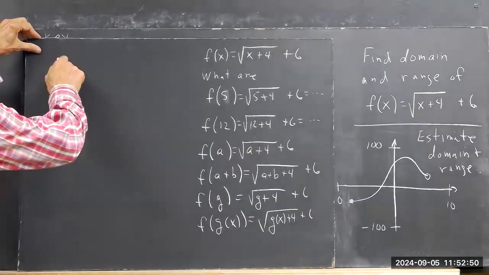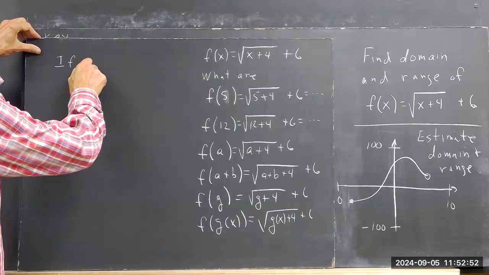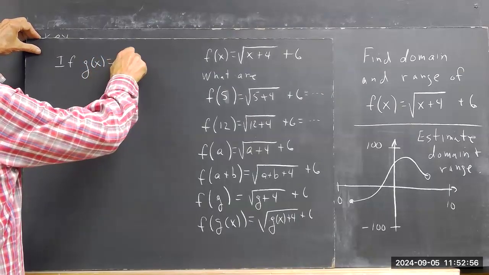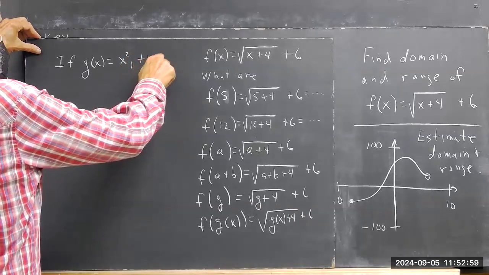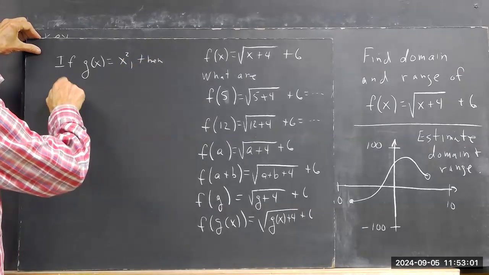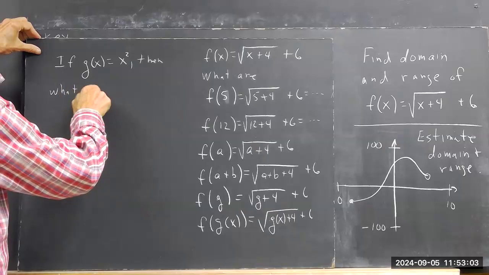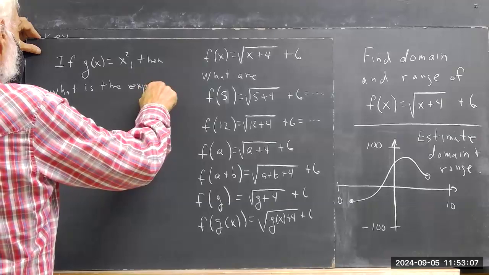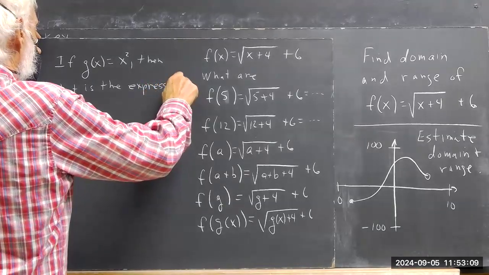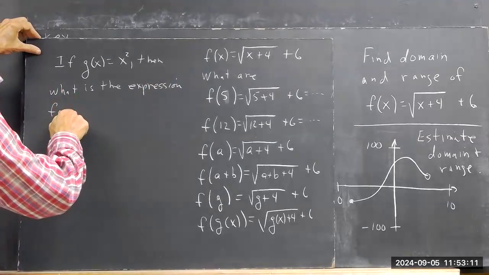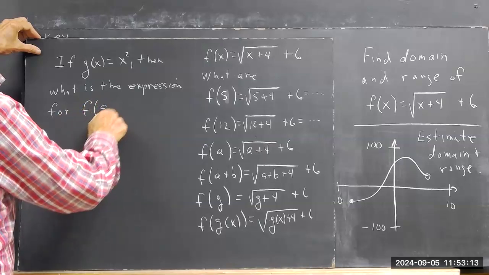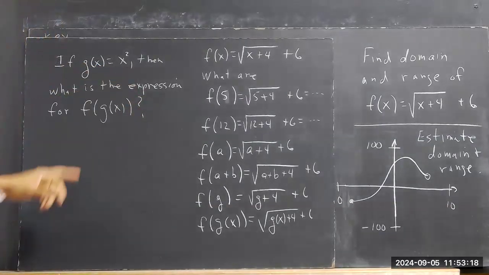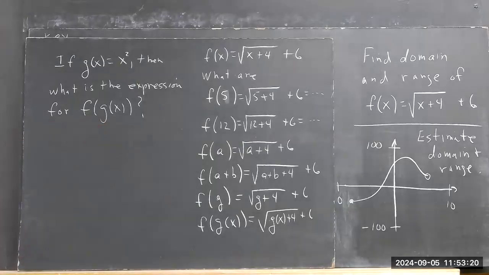Now, if g of x equals x squared, what's the expression for f of g of x?